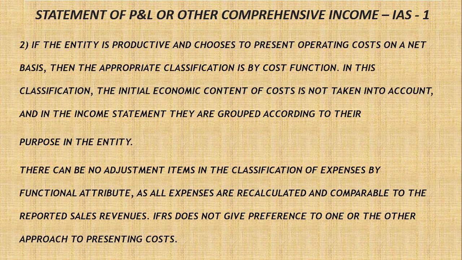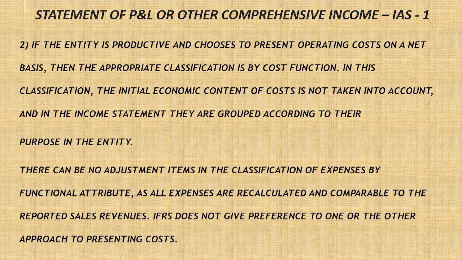If the entity is productive and chooses to present operating cost on a net basis, then the appropriate classification is by cost function. In this classification, the initial economic content of cost is not taken into account, and in the income statement, they are grouped according to their purpose in the entity.